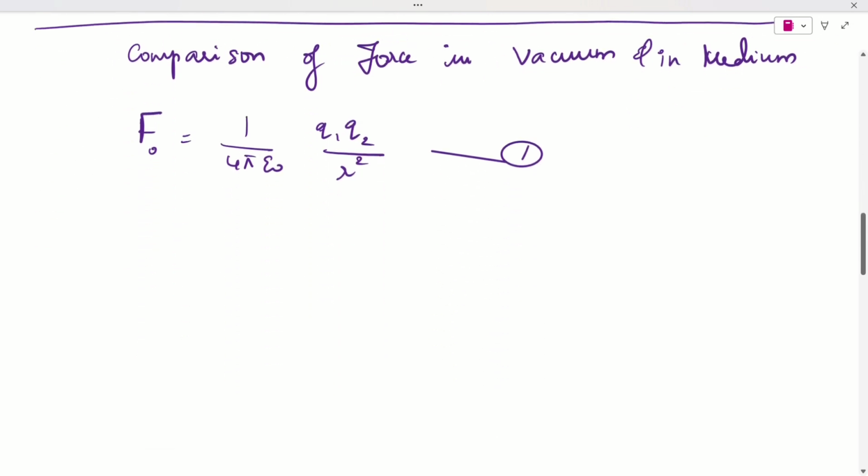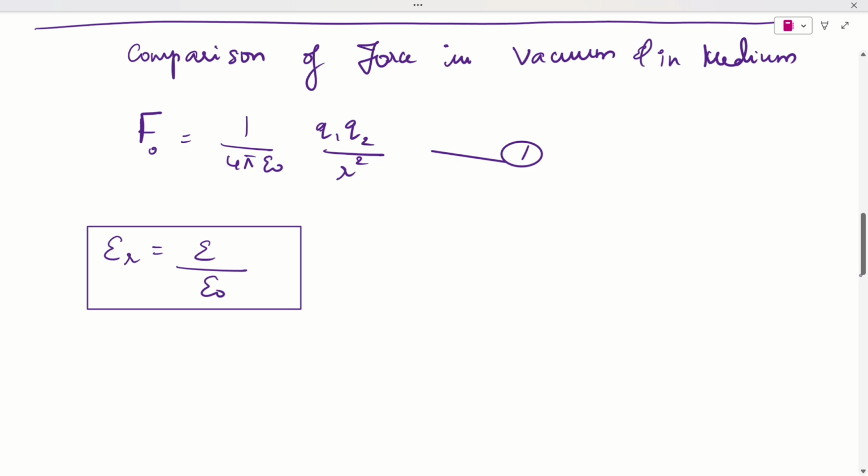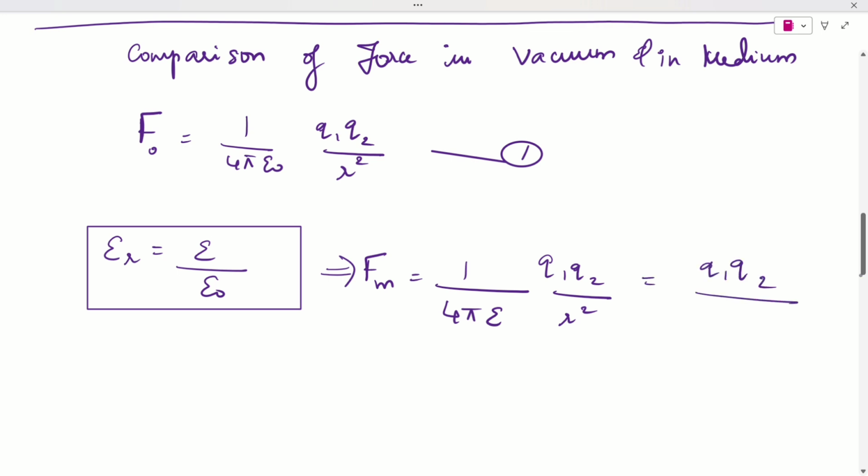Now let us consider a medium where its relative permittivity is given by epsilon, the ratio of the permittivity of that medium to the permittivity of free space. Then my force in that medium is going to be, we know this is the formula, and from this equation we can make force to be this.